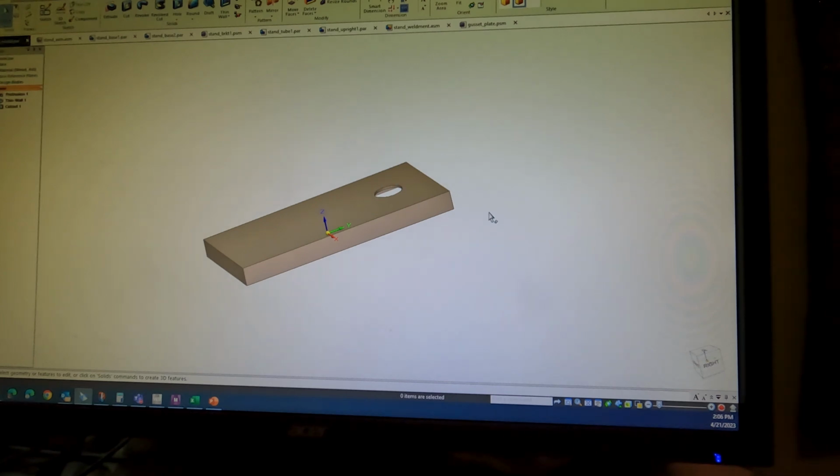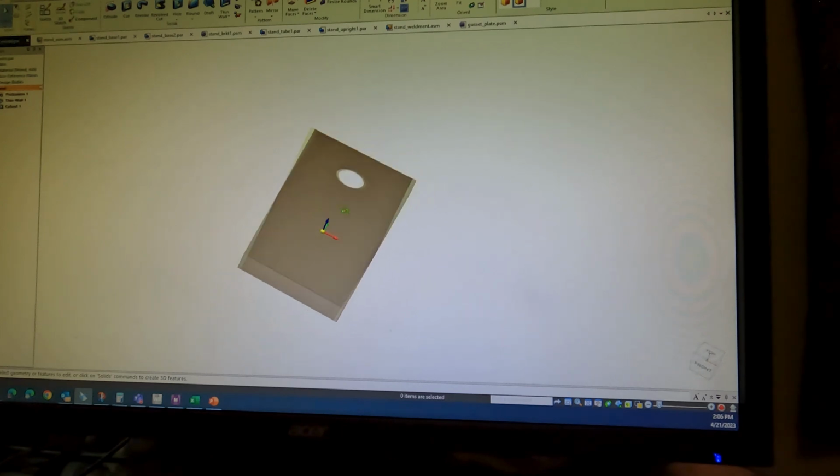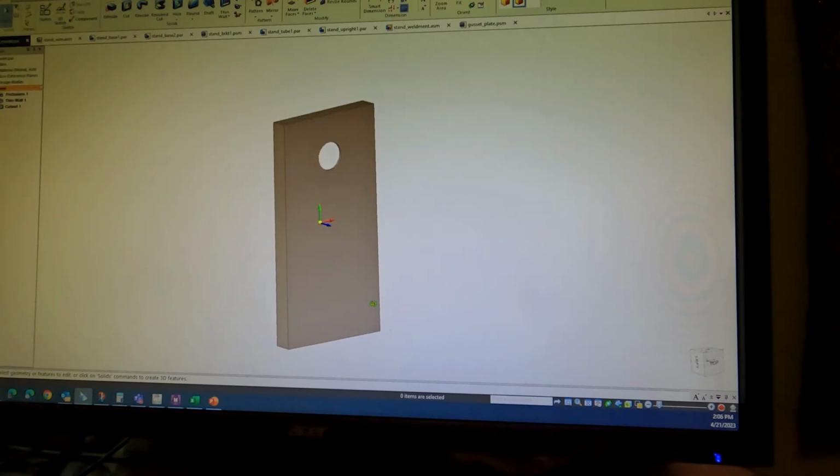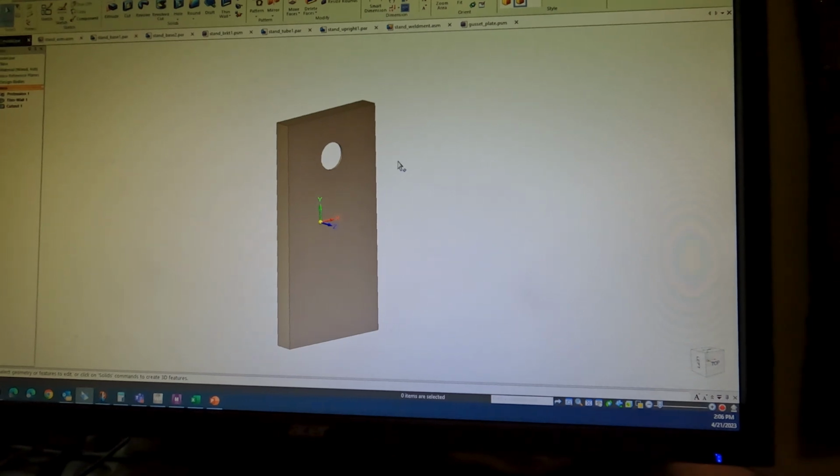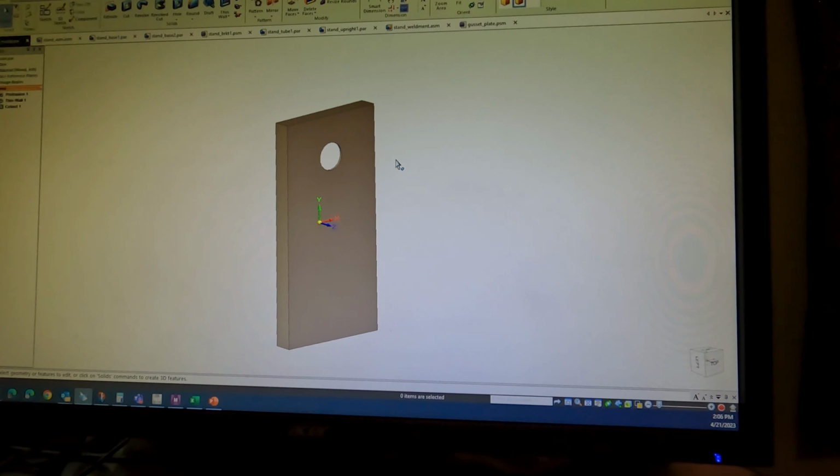It's got a hole in the middle. That gives me my constraints of what I need to hold. I know it probably weighs maybe 10, 20 pounds. So I sketch out an idea and start laying that all out.